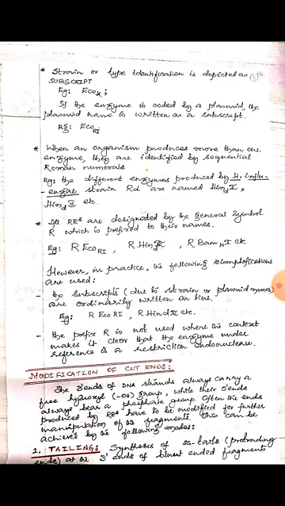Then fourth rule, when an organism produces more than one enzyme, say you would have extracted 10 restriction endonucleases from the same organism, they are identified by sequential Roman numerals.